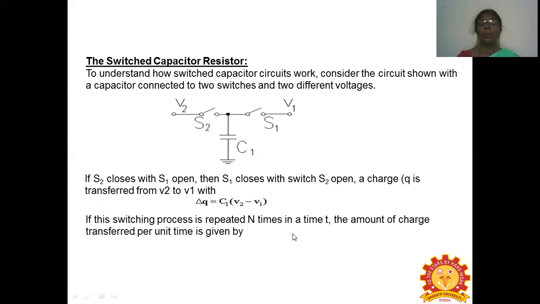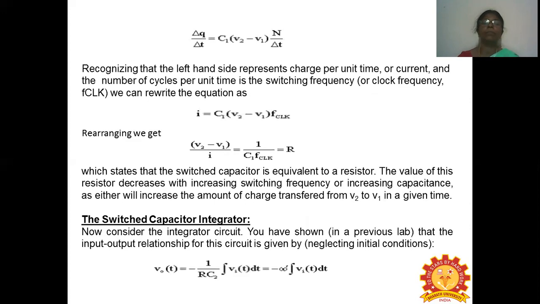If this switching process is repeated n times in a time period t, the amount of charge transferred per unit time is nothing but the current I. So delta Q by delta T is equal to C1 into (V2 minus V1), the difference between the voltages, multiplied by N divided by delta T, because N is the number of times within the time period delta T. So here the left hand side represents the current I, as already told.